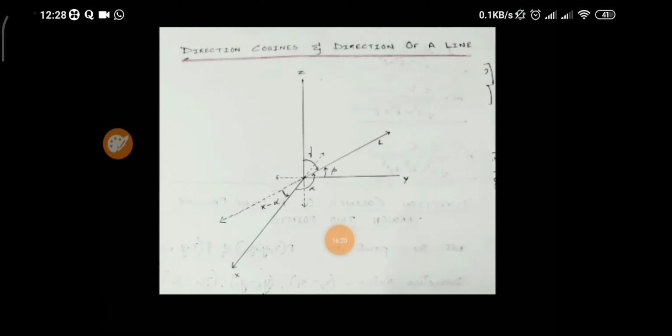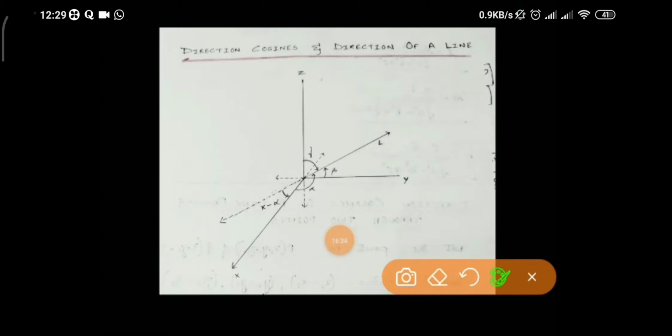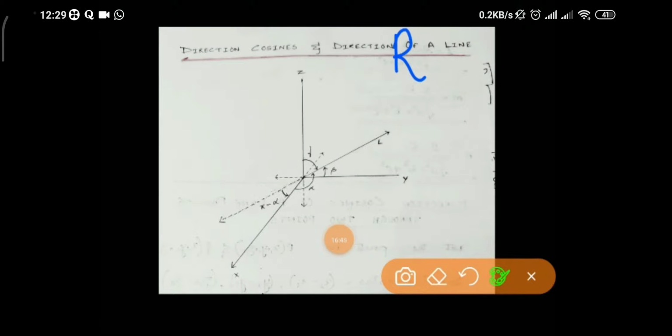Now let's come to the actual thing in 3D. First thing we'll be talking about is direction ratios and direction cosines of a line. Now it is the same as vectors, but till now we don't know how to find the equation of a line.